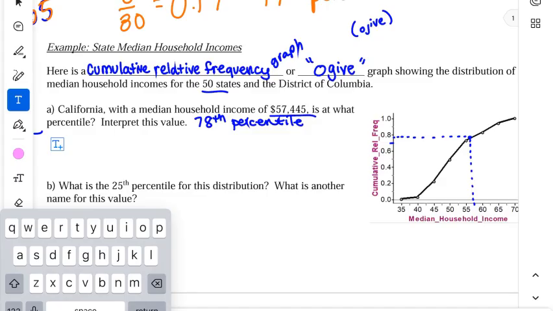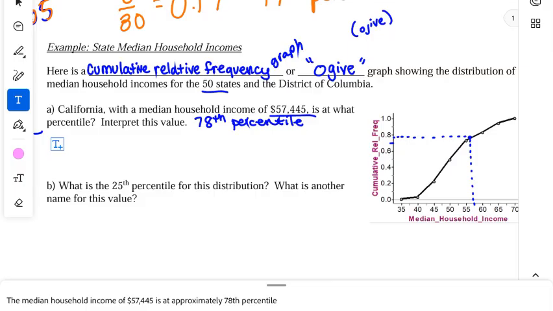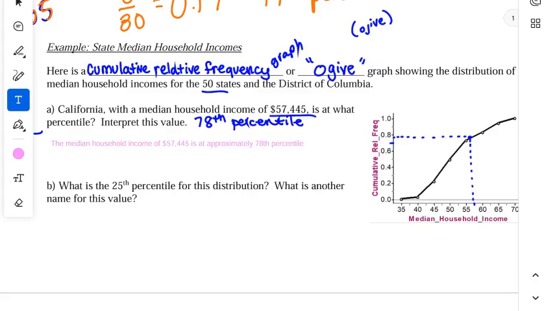There should be 7. Okay. And what does this mean? This means that in California, the values or the household income is higher in California than 80% of the other states.